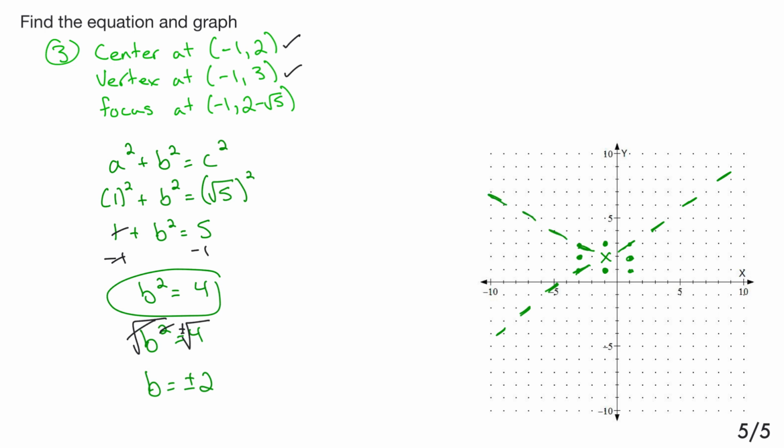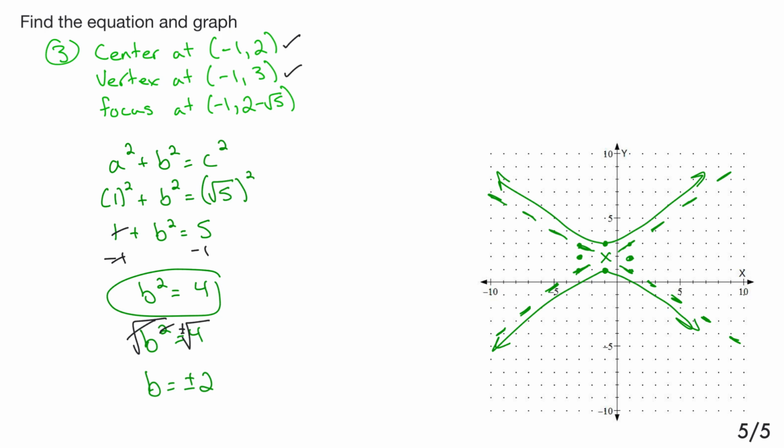I know from the problem it said that our vertex was at -1 comma 3, which is this vertice right here. And that also means that we're going to get this vertice. So I know it's going to open in the upward direction, looking something like this.